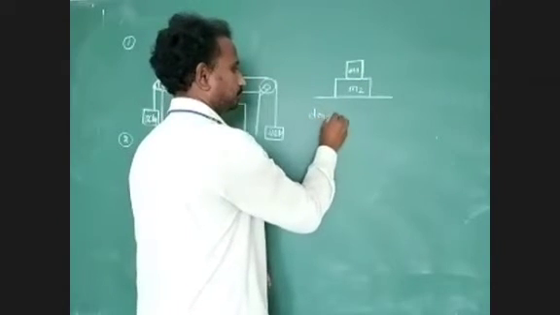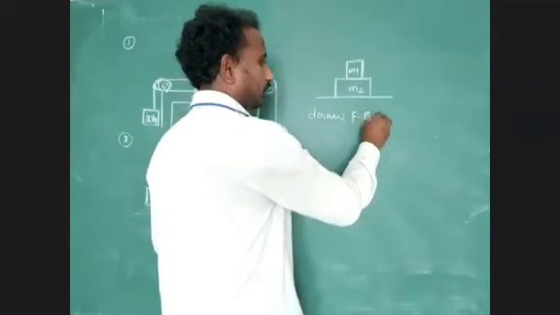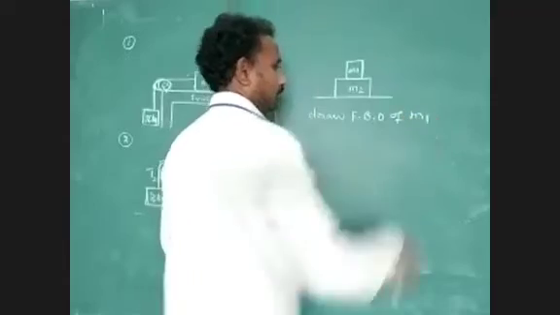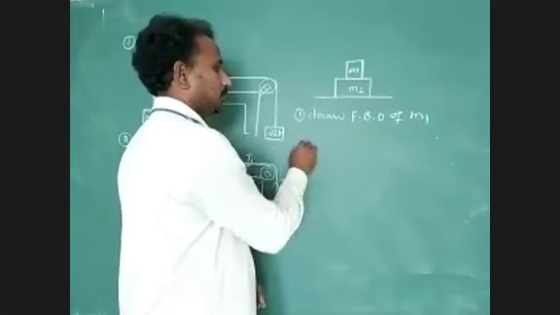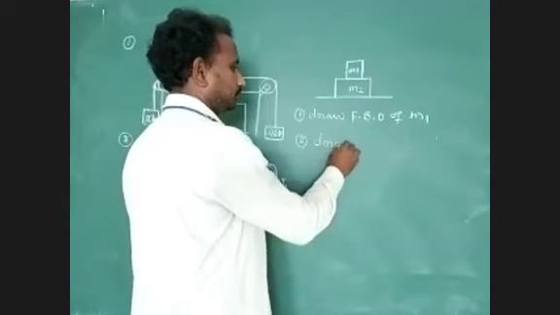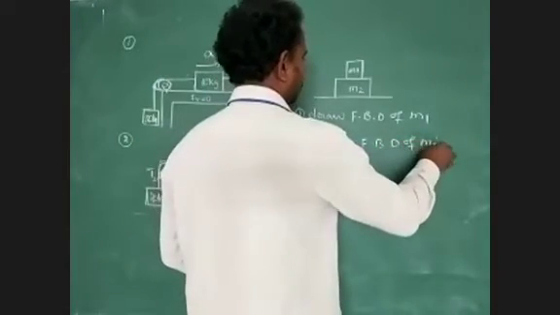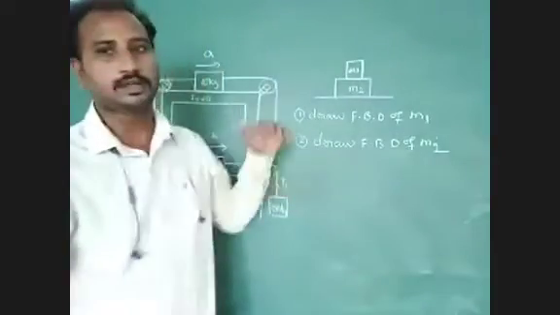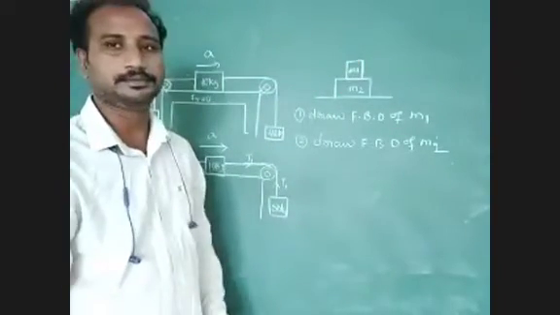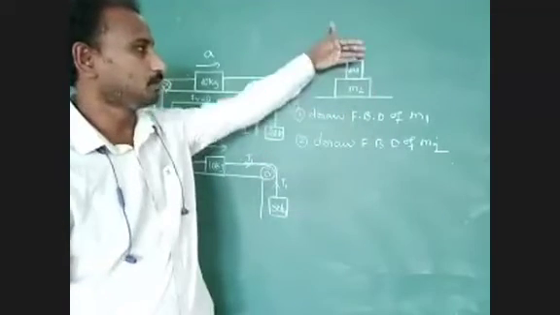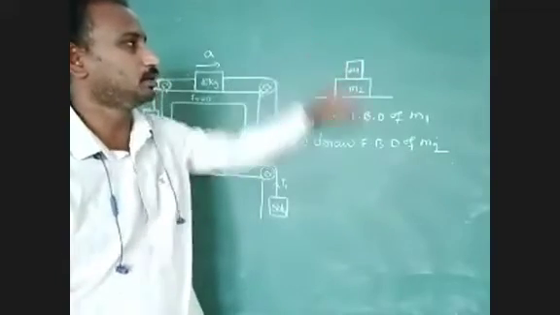Draw the FBD, free body diagram of M1. Second one, draw the free body diagram of M2. Here two blocks are at rest. The M1 block we consider on M2. Now we have to draw that free body diagram.